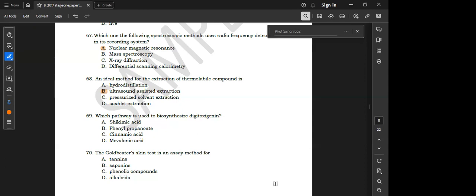Okay, so then we go on. Which pathway is used to biosynthesize digitoxygenin: shikimic acid, phenylpropanoid, cinnamic acid, or mevalonic acid pathway?